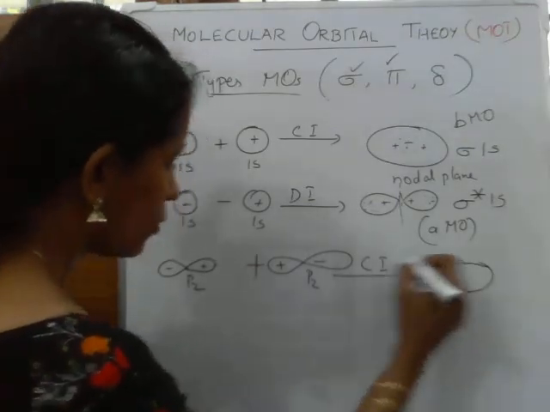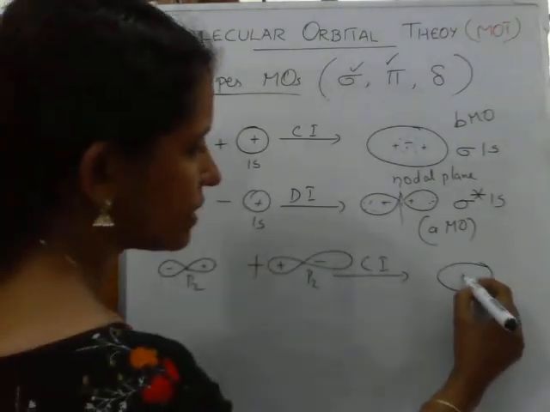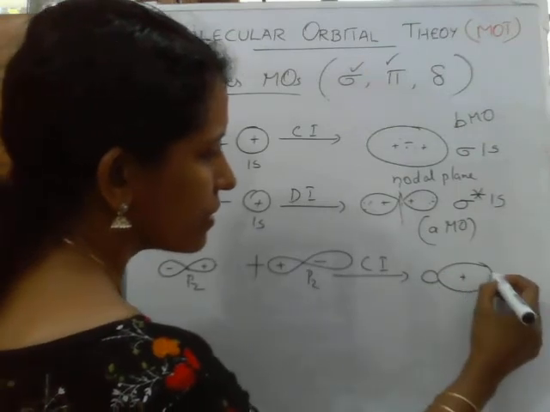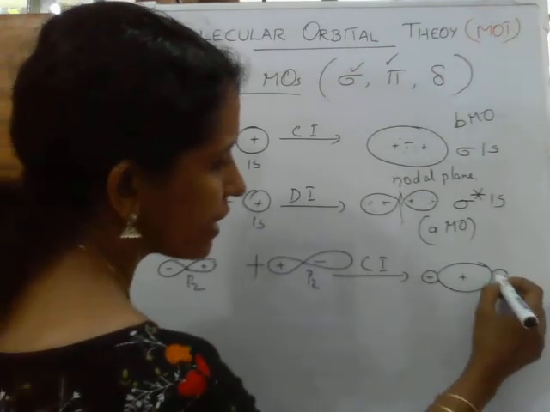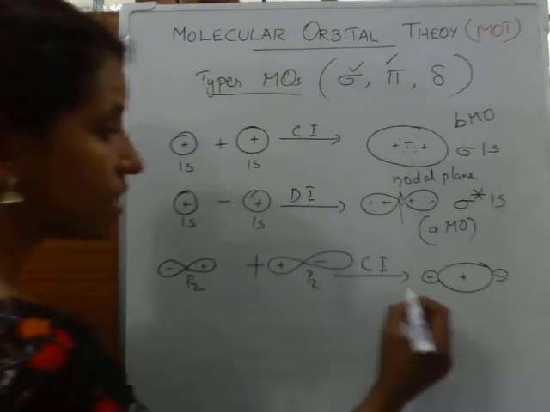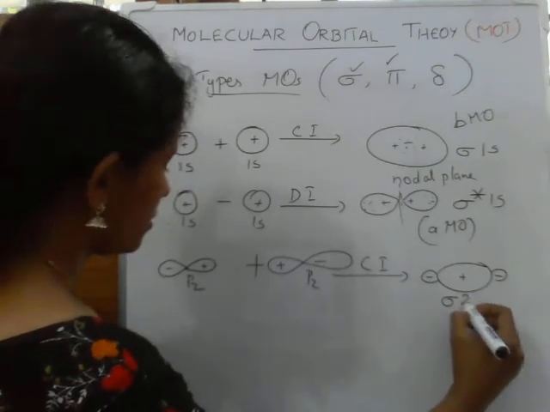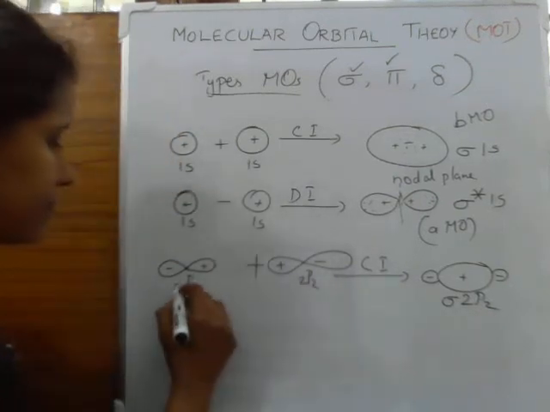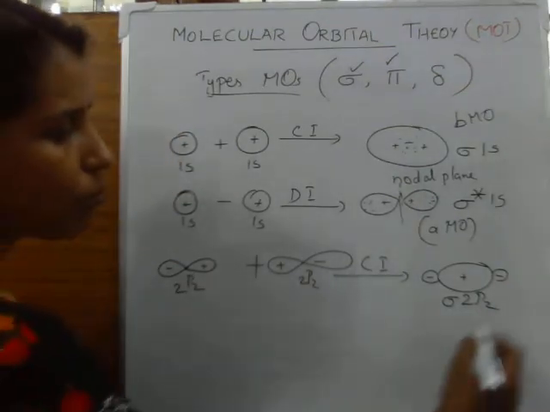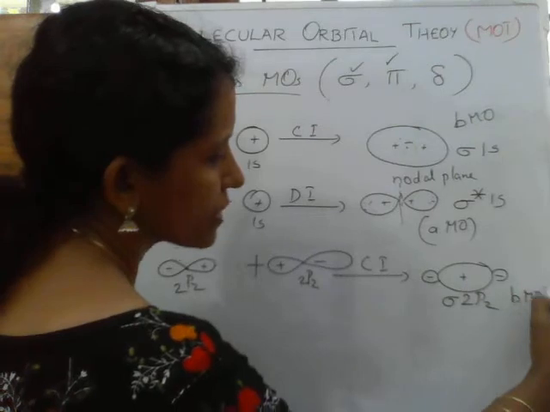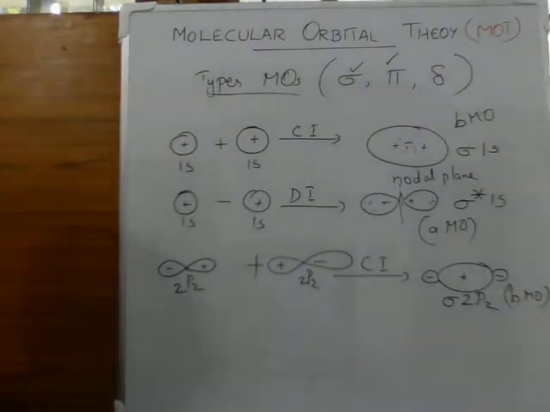One larger lobe, positive lobe in the middle, then smaller lobes on the left side and the right side. This will form the bonding MO, that is sigma 2pz. This is a bonding molecular orbital, lower energy.